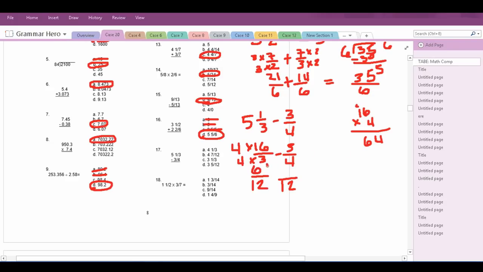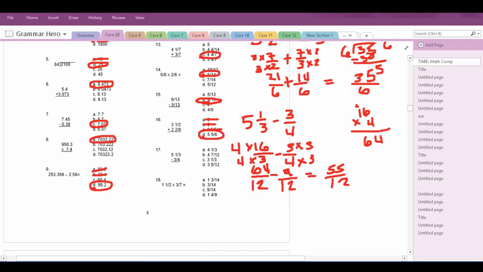So we got 64 over 12 minus, to get 4 into 12, we multiply it by 3. So we do that to the top as well. 3 times 3 is 9. So now we're left with 64 minus 9. In other words, this becomes 55 divided by 12. Okay.